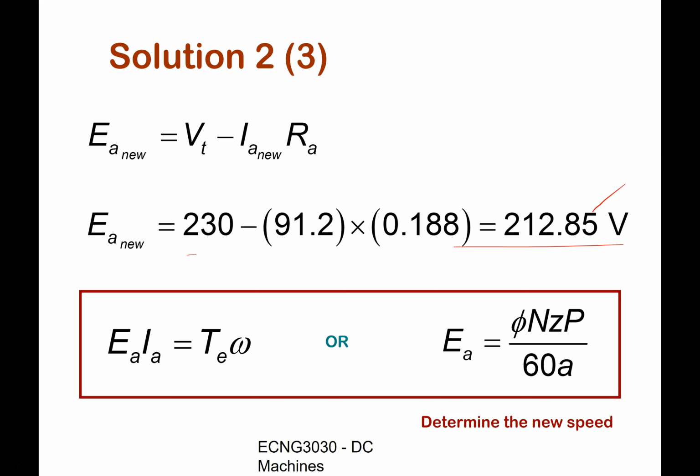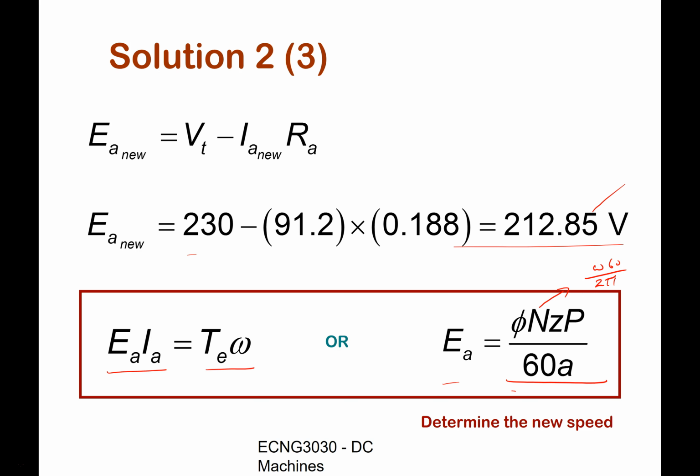And now I could calculate my new value of omega using EA IA is equal to TE omega, or I could use EA is equal to phi n ZP on 60A, where this is the same as 2 pi n on 60, sorry, it will be omega multiplied by 60 on 2 pi.